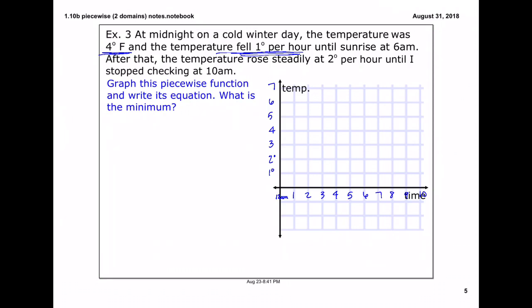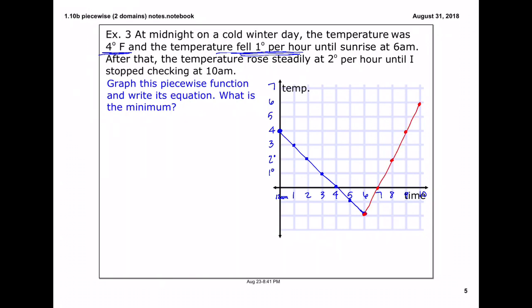They said we started at 4 degrees at midnight, and we fell 1 degree per hour until 6 a.m. They then said at 6 a.m. our temperature rose 2 degrees per hour until we stopped checking at 10 a.m.